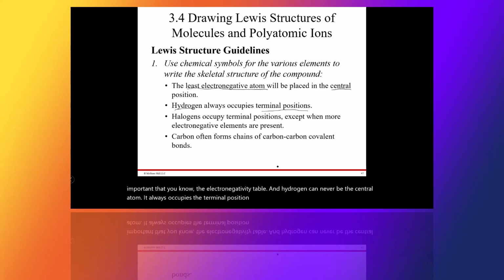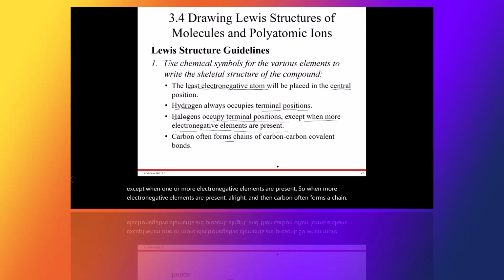And the halogens occupy terminal positions except when one or more electronegative elements are present. So when more electronegative elements are present, all right? And then carbon often forms a chain. That's why life is based on carbon on this planet, because it's very easy for carbon to form long chains.